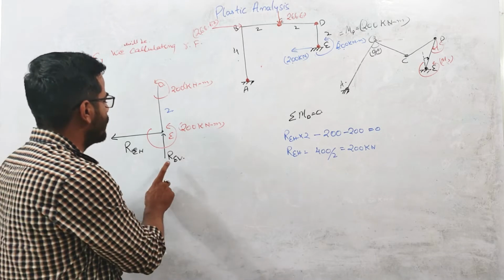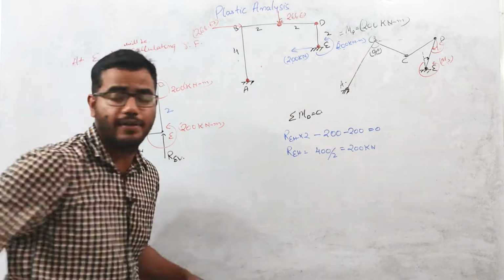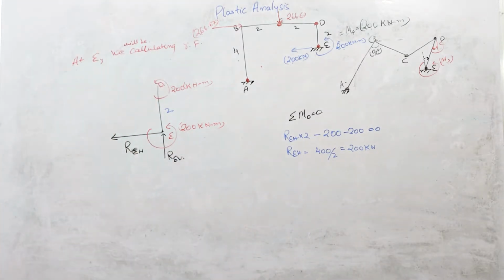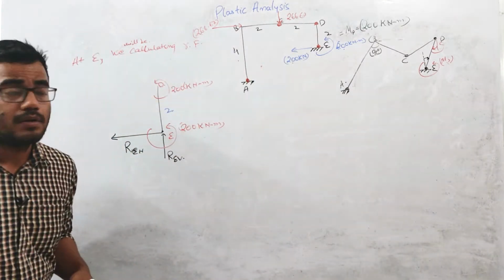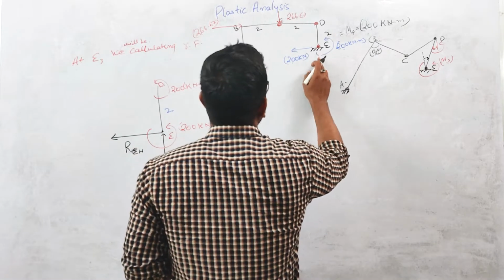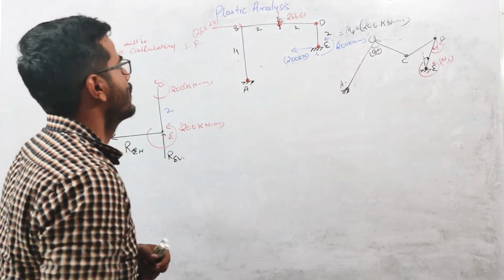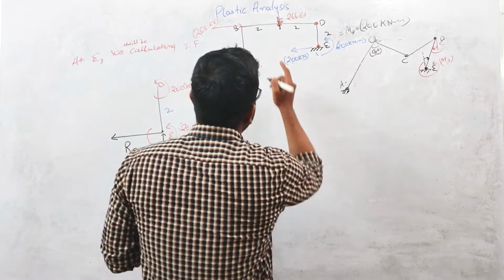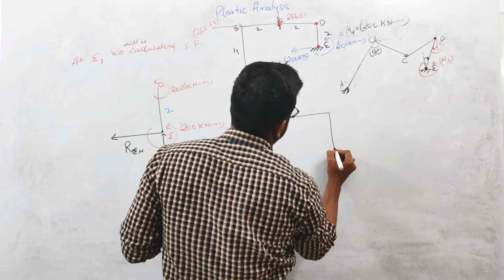Now we need to calculate what will be this REV, the vertical reaction at this E point. For calculating the vertical reaction at E point, I'm cutting the section at this C. If I'm cutting the section at this C, this right side portion will look like this.